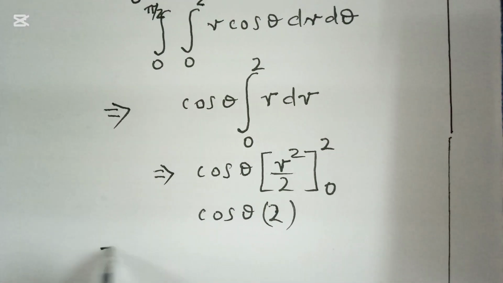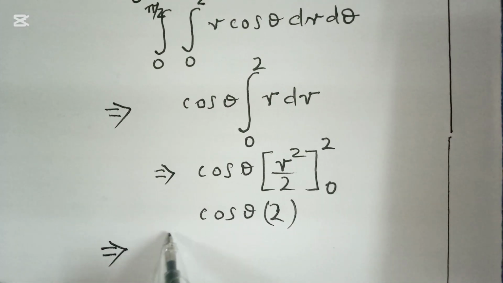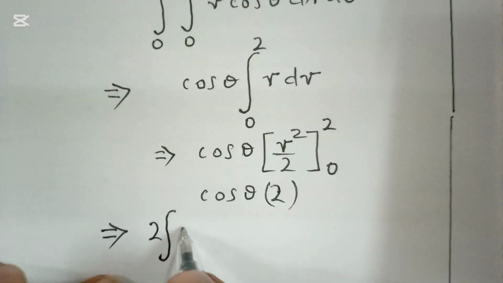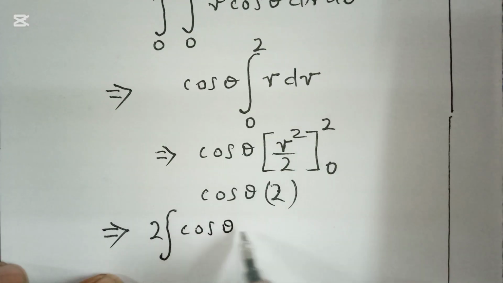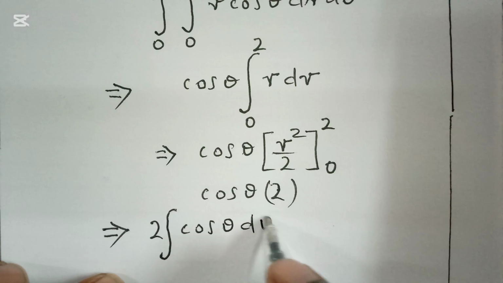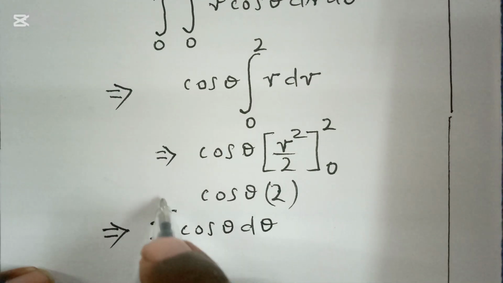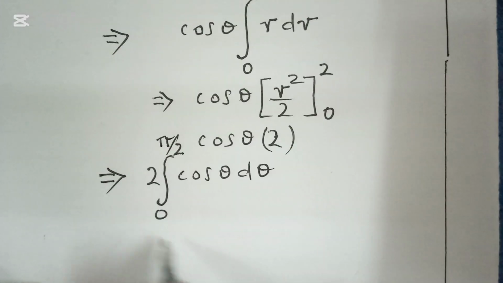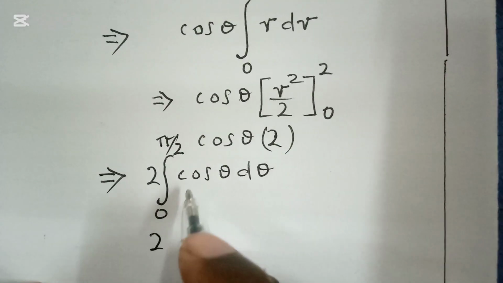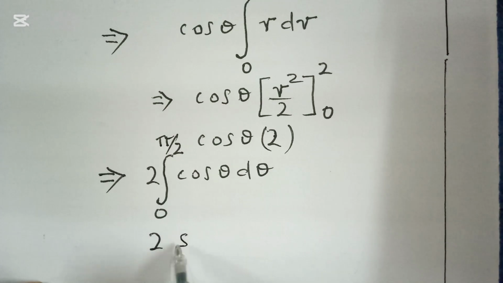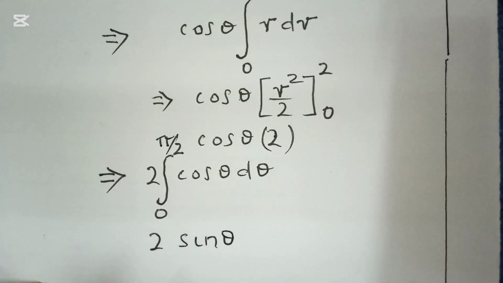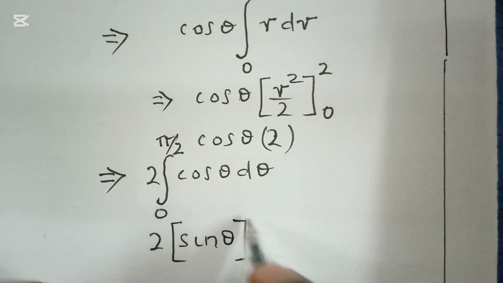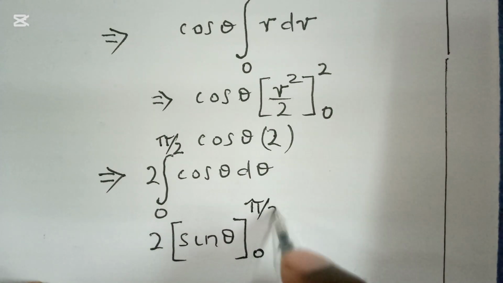And then from there, we can now integrate with respect to theta. So we are going to have 2 cos theta d theta, now from 0 to pi over 2. We integrate 2 cos theta to give us 2 sine theta, and the limits are from 0 to pi over 2.